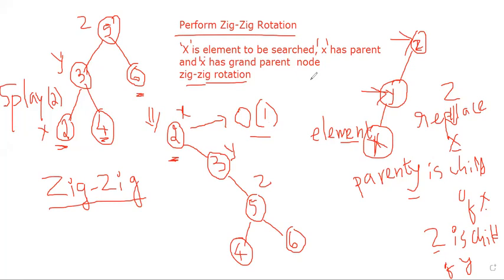So that is the one drawback, but the advantage is that the element you want to find or search is placed at the root node. Now you go for the next rotation.